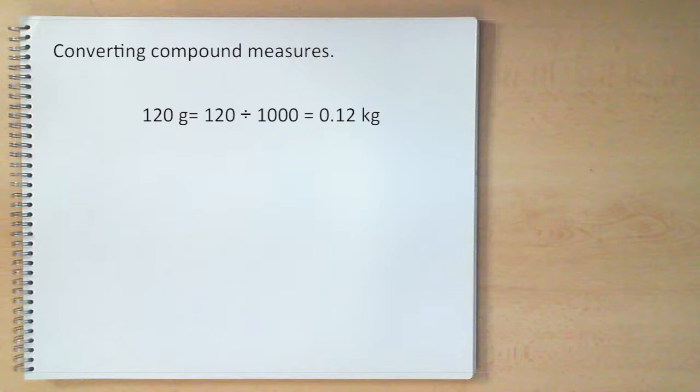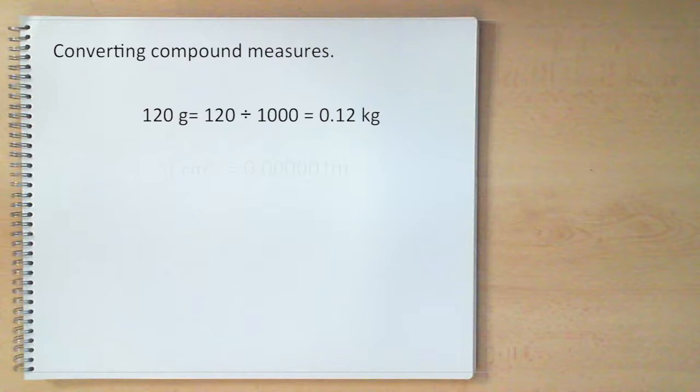We do that by dividing the 120 by 1000, and that gives us 0.12 kilograms, because we know that 1 gram equals 0.001 kilograms. We now also look at the conversion from centimetres cubed into meters cubed. This is trickier.